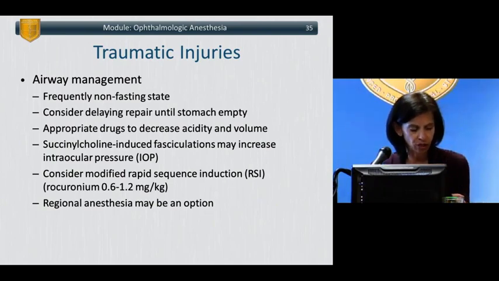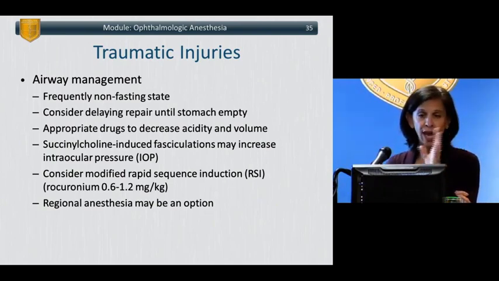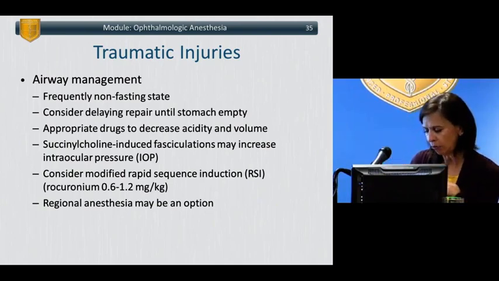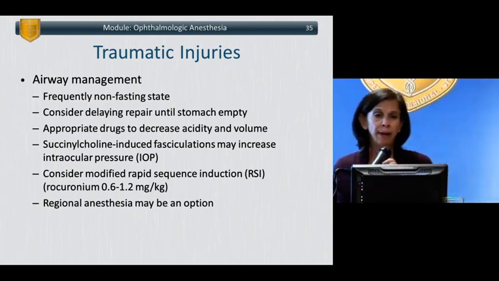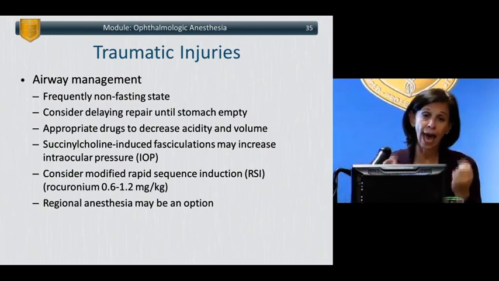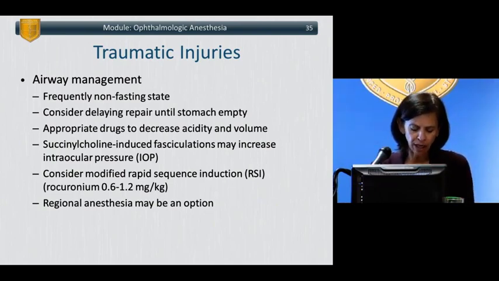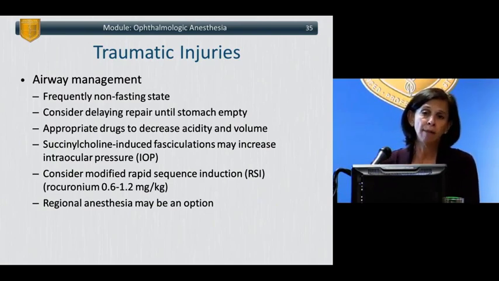So for example, if the patient ate an hour before they had the injury, even if they showed up to your operating room 3 hours later, the patient hasn't been fasting technically for 4 hours. The patient was fasting only for an hour because it was only an hour that elapsed between the time of the food intake and the injury. And again, because these are relatively emergency surgeries, often to save the patient's sight, there's an urgency, a time-sensitive matter to it.